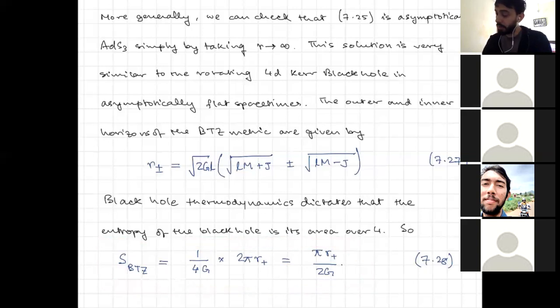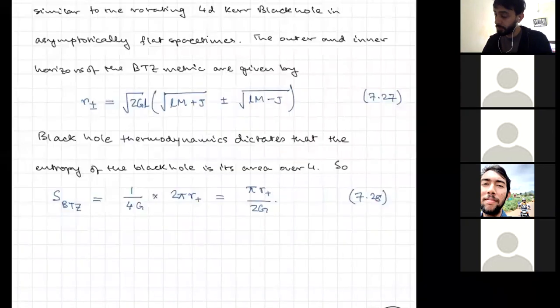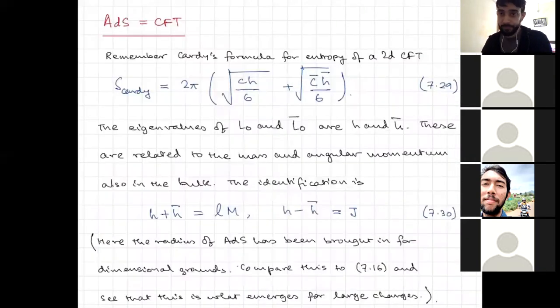All right, so now comes our clincher. Remember what we did when we were doing modular invariance and so on and so forth. For 2-dimensional CFTs, there is something that you have learned. It's called the Cardy formula, and that relates the entropy of a 2-dimensional CFT with the central charges and the weights. So given what your central charges are and given what your weights are, you should be able to find out what the entropy of the system is.